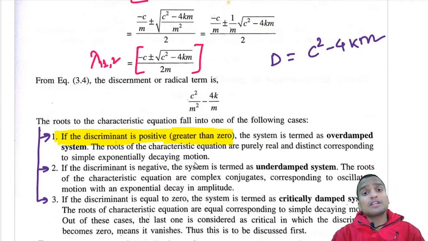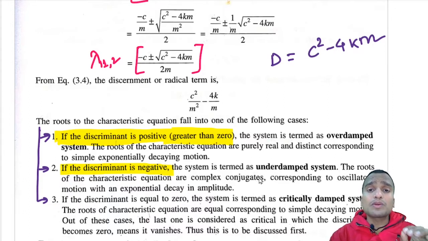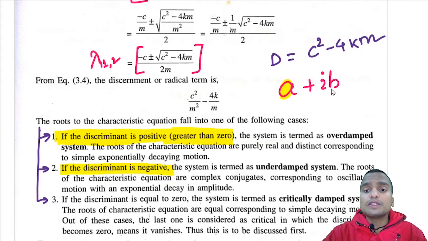Now if the discriminant is negative, what happens? Then the system is termed an under damped system, because the roots of the characteristic equation do not remain real numbers. They become imaginary numbers in the form of complex conjugates, a + ib or a − ib.